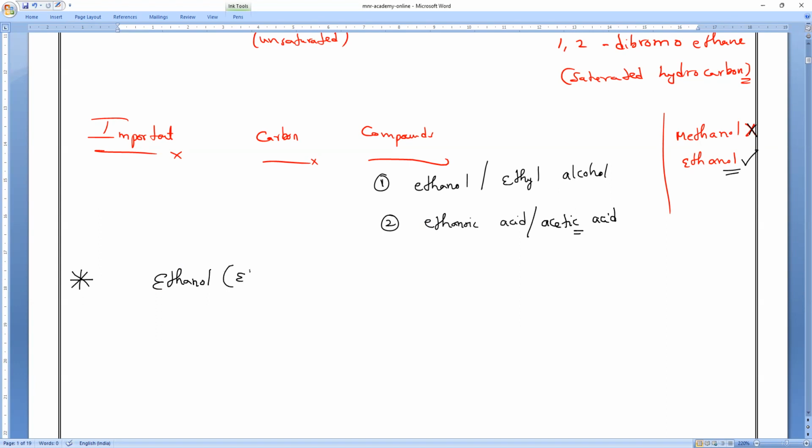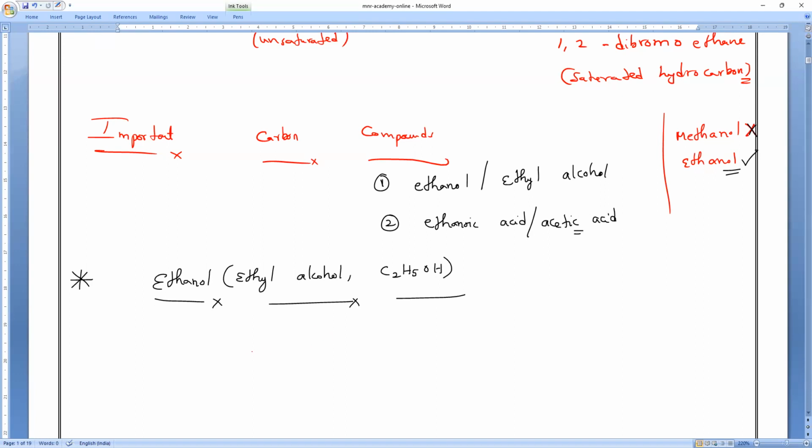Ethanol. We can also call it ethyl alcohol. The formula is C2H5OH. Please learn it. C2H5OH is the formula of ethanol or ethyl alcohol.